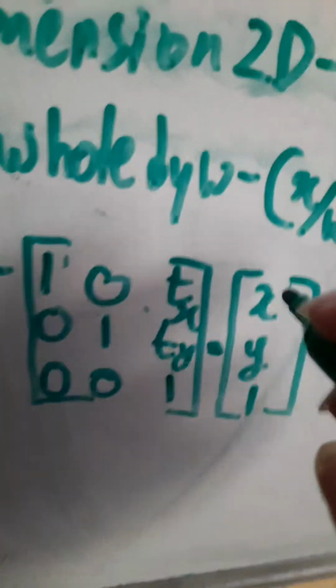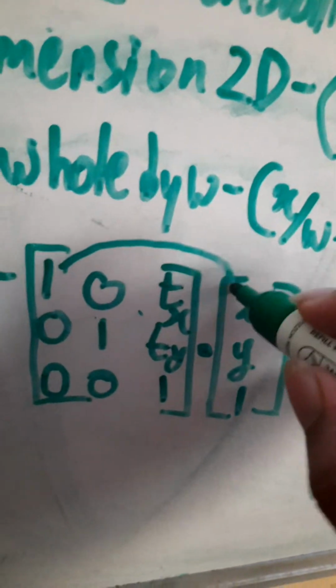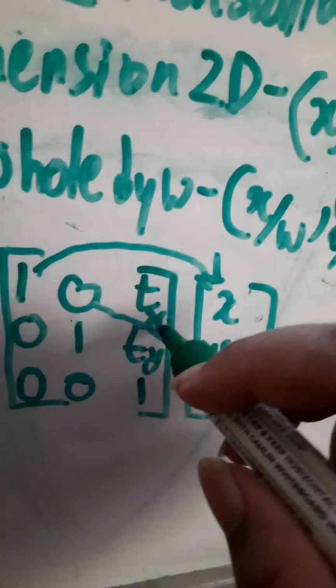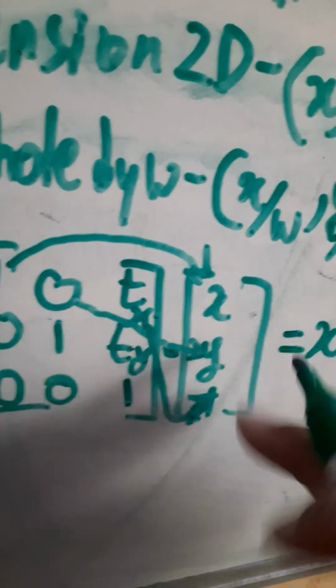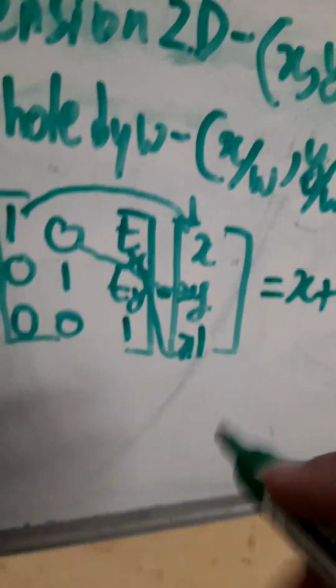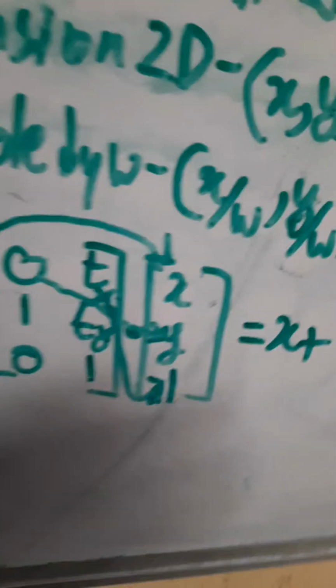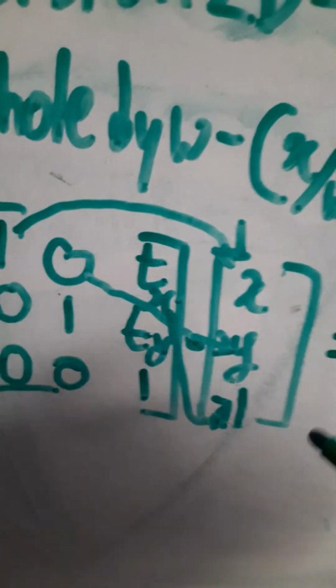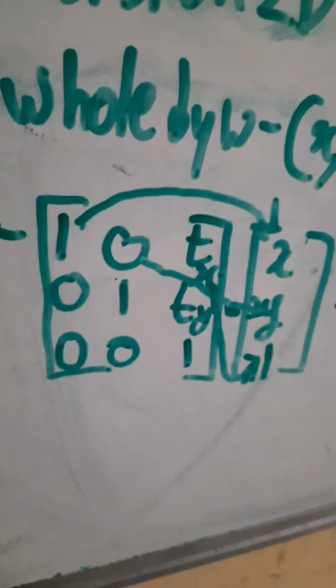We multiply corresponding elements of row and column, like first row to first column, a11 to a11, a12 to a21, same place, first, second, third.